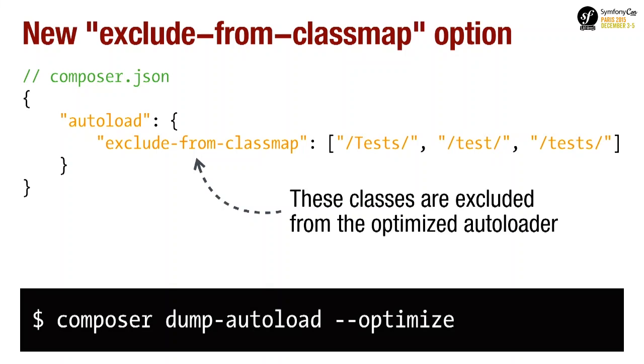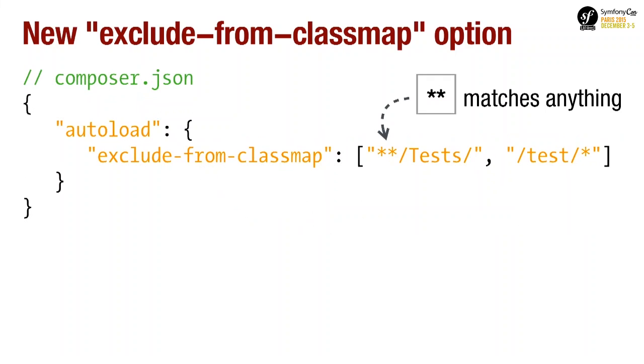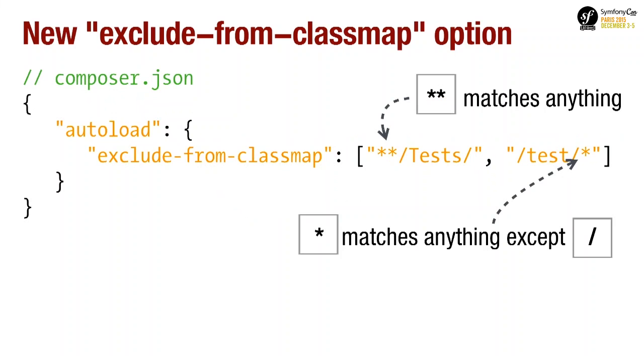When you execute that command, usually on the production server, to create the class map, that creates thousands and thousands of lines of a big array of classes. With this option, you can say which classes shouldn't go to that loader, which are all the classes that you don't use on the production server, like the test classes, the test-related classes. And it's cool because that's not a regular expression, but you can use some special characters, so it's really nice.